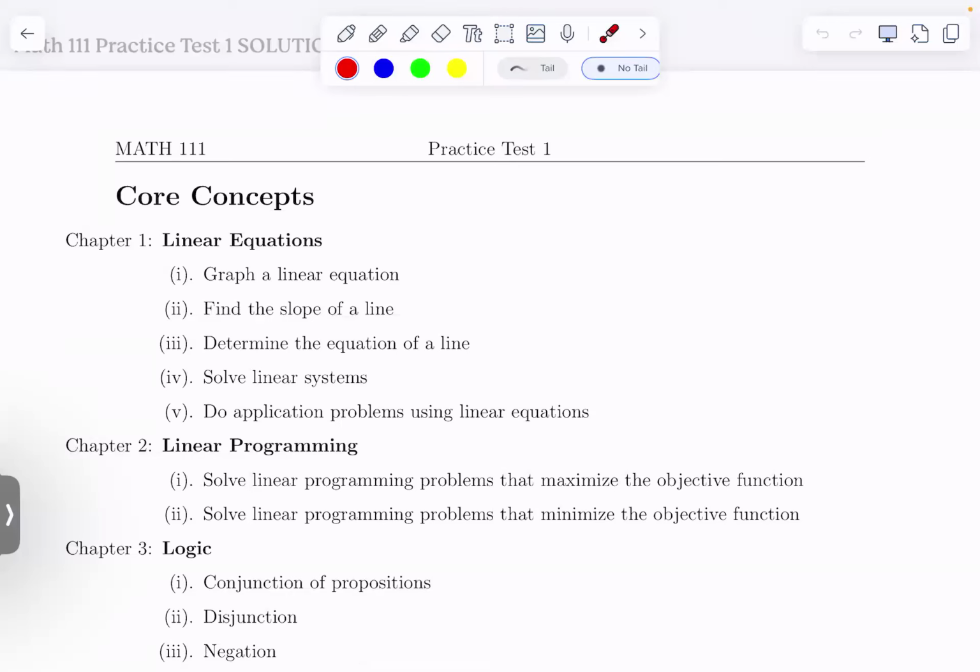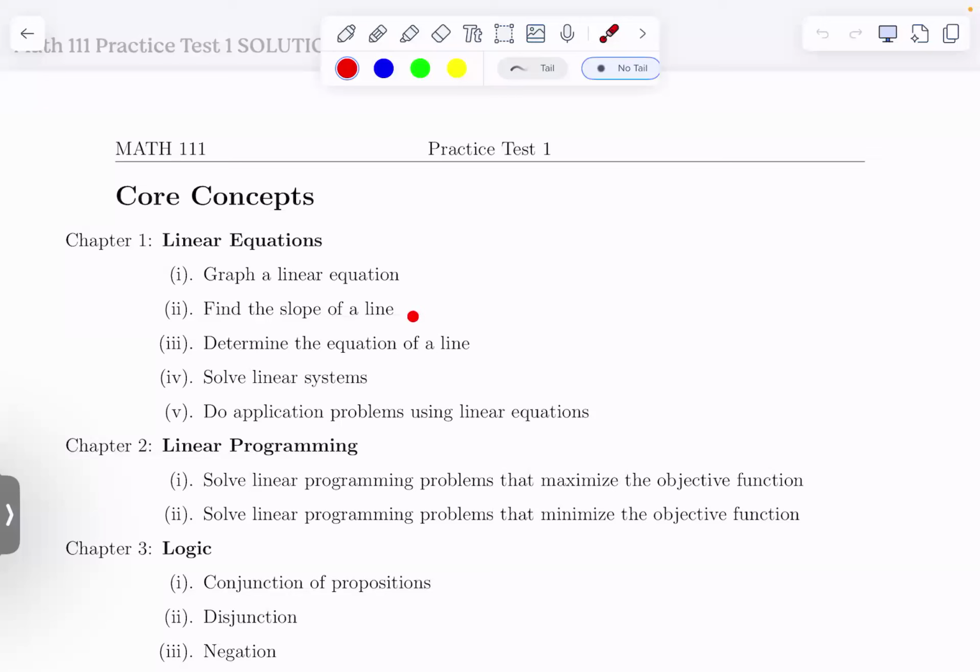Like I said, I'll just run through these. I picked some questions from each section and put them all together. So what did we learn in chapter 1? We did linear equations, things like graphing a line. That came more into play later in linear programming, where we had to draw the feasible set. So I'm not going to make you just graph a line.